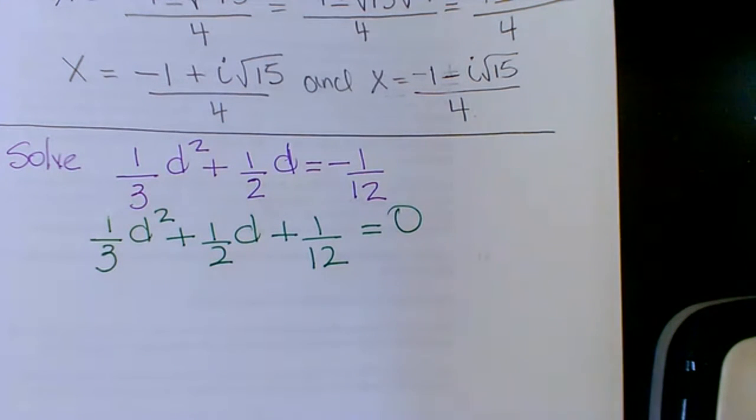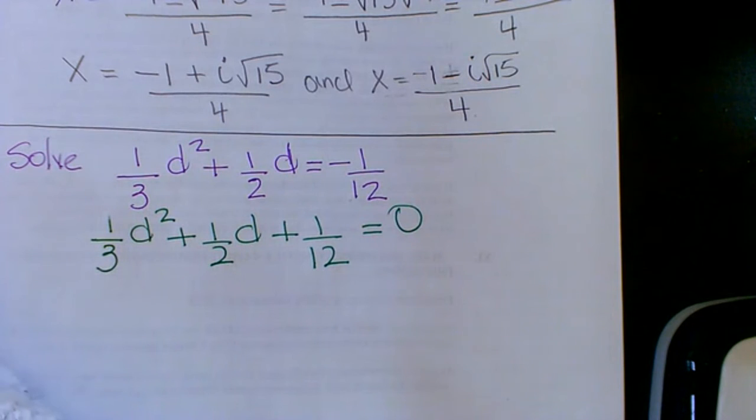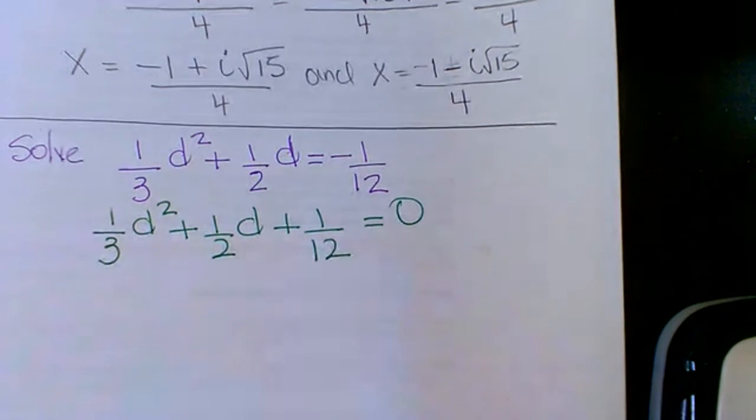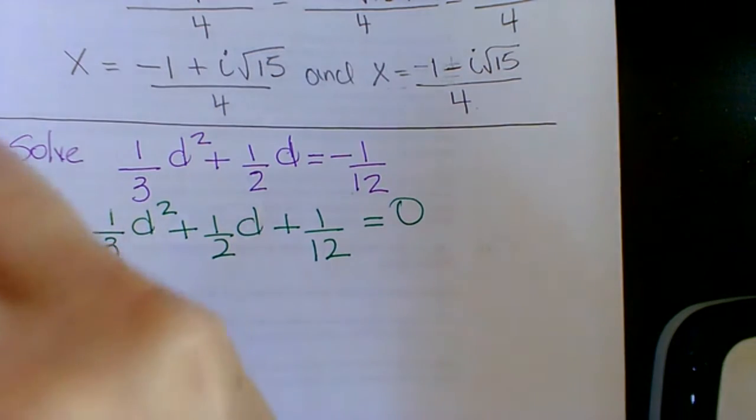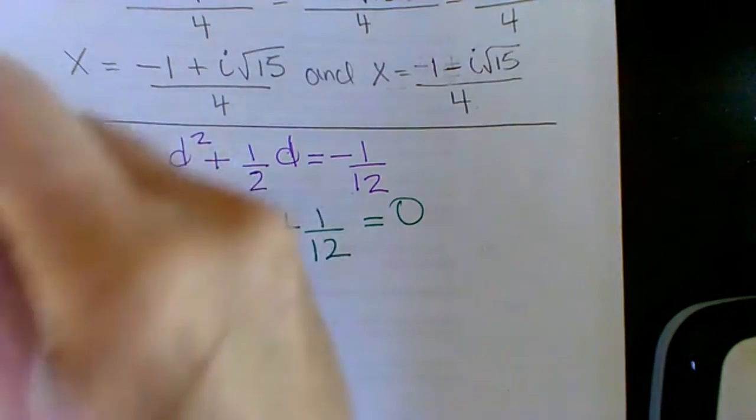Okay? So in order to clear the fraction, what do I need to multiply by? Let me see. By 12, right? Yep. That's what we want to do. We don't want to deal with these fractions. So we're going to multiply it by 12.